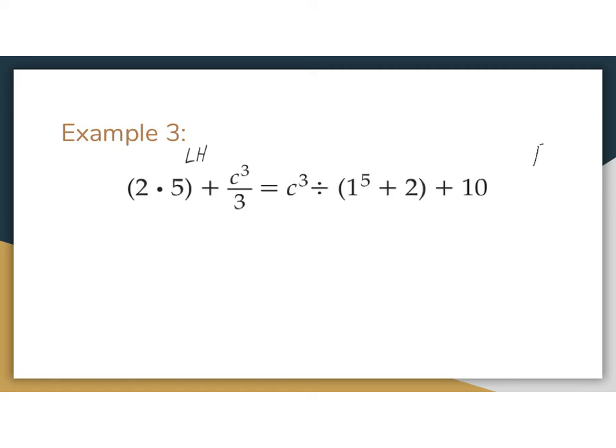Remember, parentheses, exponents, multiplication, division, addition, and subtraction. So we're going to do our parentheses first. So 2 times 5, we get 10 plus c cubed over 3. Now, since I don't know what c is, I'm just going to leave the left-hand side and solve for the right-hand side now.